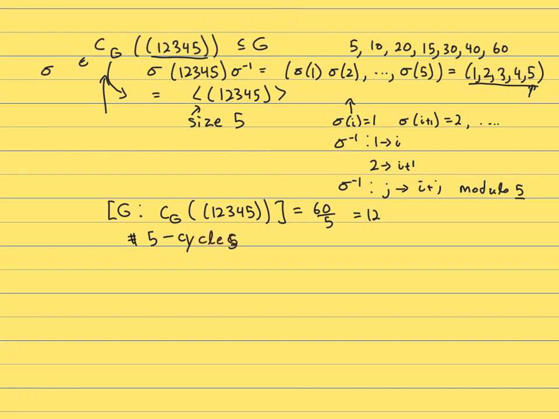Well, what do you have to do to specify a 5 cycle? If you write the 5 cycles so that the 1 appears first, you have to specify the other 4 entries in 4 factorial ways. So there's 24 5 cycles.